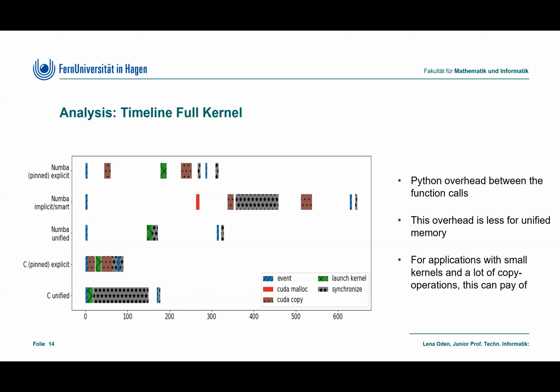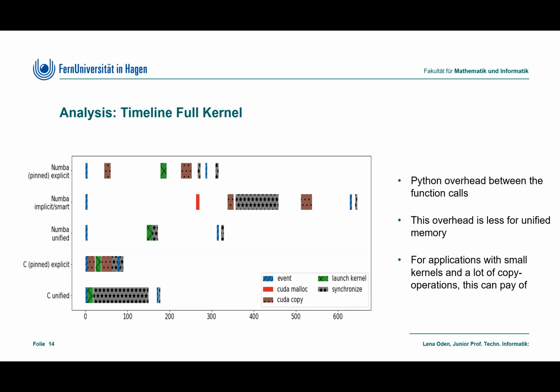In Python, of course, you call the C functions. Once you're in the function, you get the full benefits of C and compiled code. But in between these functions you always have the Python overhead. And this is why you get these very huge white spaces where you can see nothing happening in CUDA when you do tracing, because here everything in Python is happening and a lot of overhead.